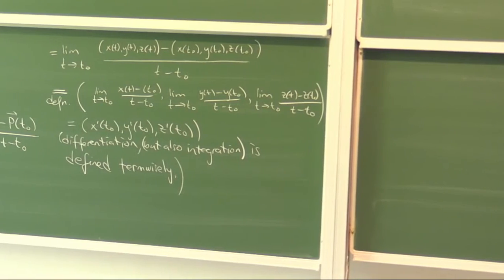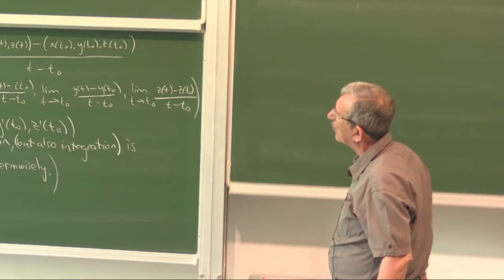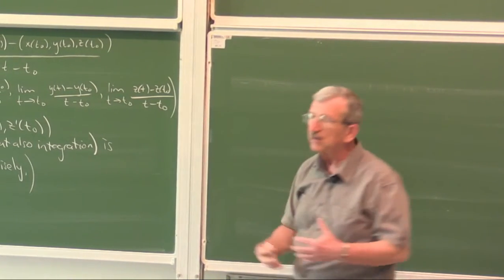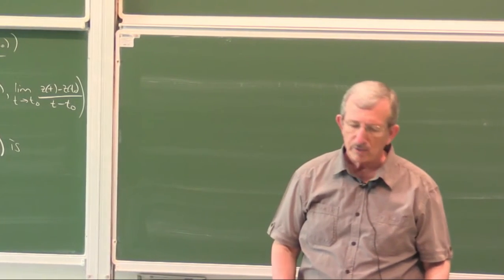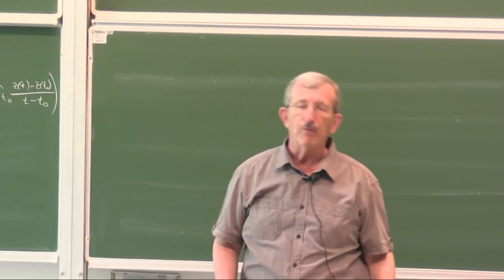Now, again, going back to physics, we defined this derivative vector as the velocity vector, but actually we had already called it the tangent vector before.